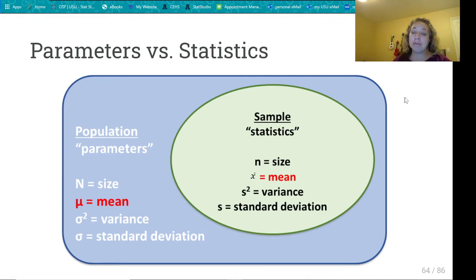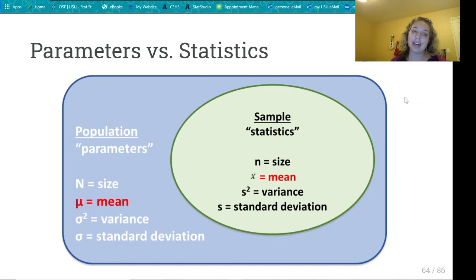But for the mean, we're going to use the Greek symbol mu for the population parameter mean, or if the mean we're talking about is the average of a sample, we're going to use x with a bar on top of it. For variance, if it's the whole population, again, a Greek letter, sigma squared, and if we square root that, we get the standard deviation. So standard deviation is sigma without the square on it. Variance has the square.